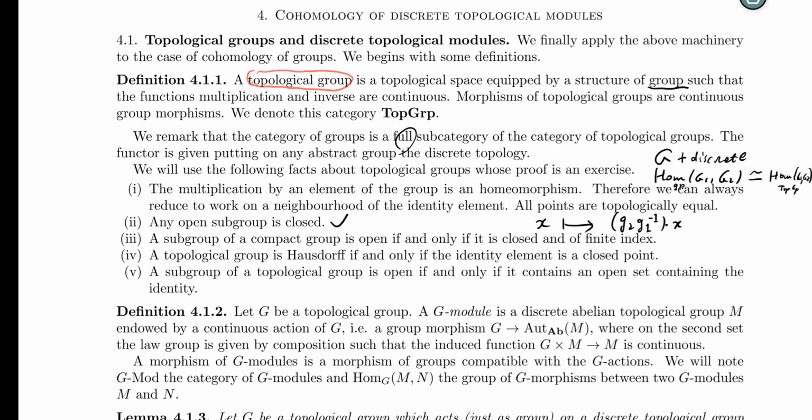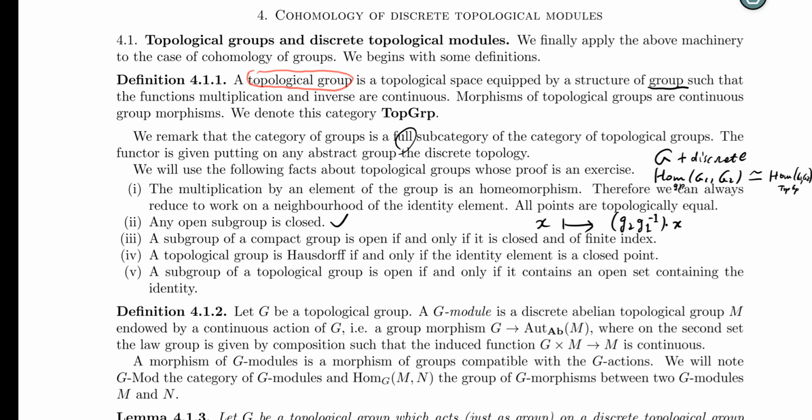Since multiplication by an element is a homeomorphism, if this subgroup is open, all its cosets are open. So the subgroup is the complement of the union of its other cosets. It's a complement of a union of open sets, so it's closed.